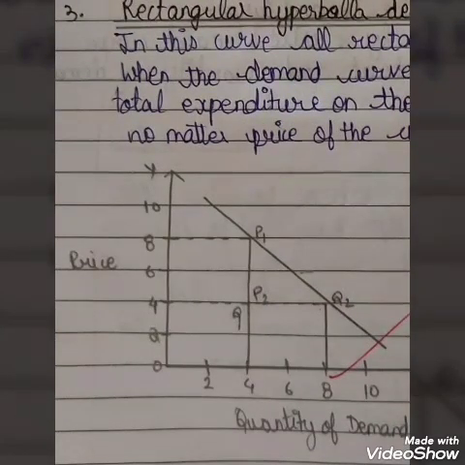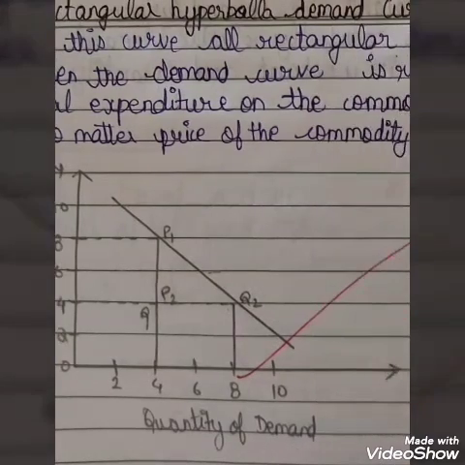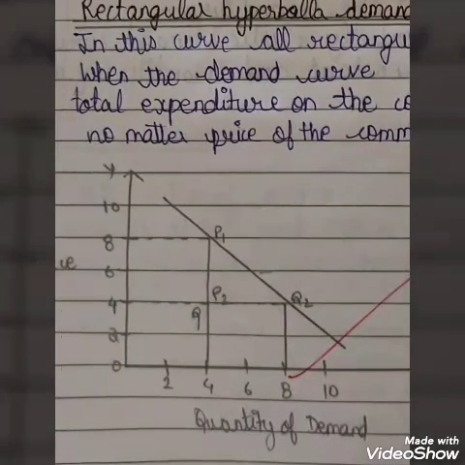We make two axes, y axis for price and x axis for quantity of demand. Okay, so in the first case, when the price is 8, then the quantity is 4. Okay, so in this case the price is high, and according to it the quantity is decreased, low. And in the other case, whenever the price is decreased, the quantity will be increased according to the law of demand.